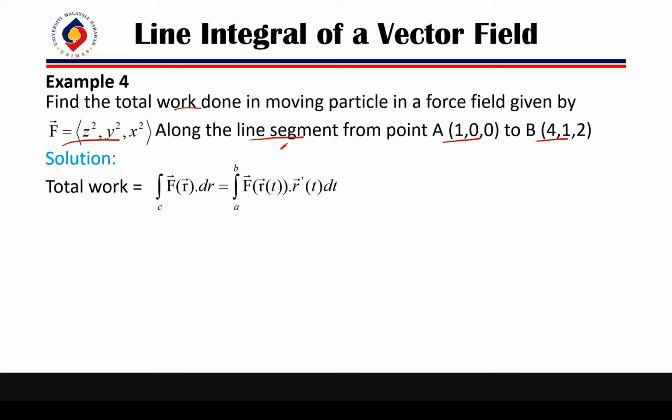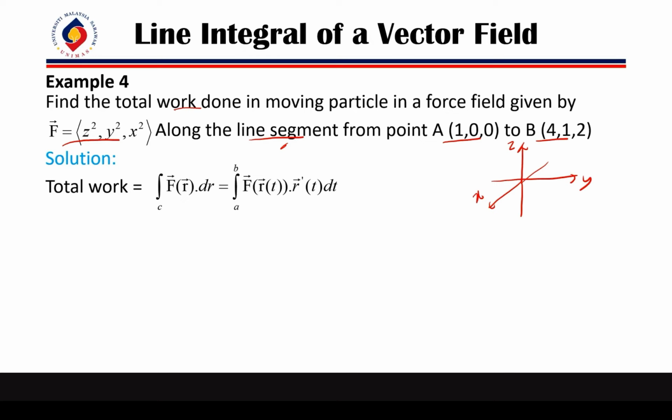Alright, so first of all, what you have to do is picture it. Let's say this is where the z axis exists, this is where the x axis exists, and this is where the y axis exists.